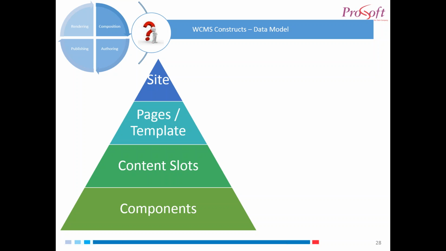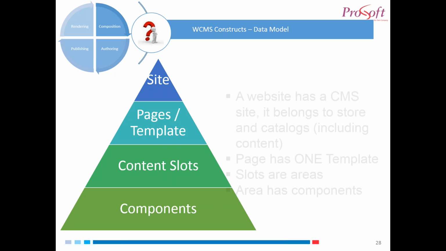And within that content slot, we have different components. Just like in the header, there are different components: one can be contact us or about our company, another can be our logo, another can be a search window along with the search button. We also provide some navigation. These are all the components.